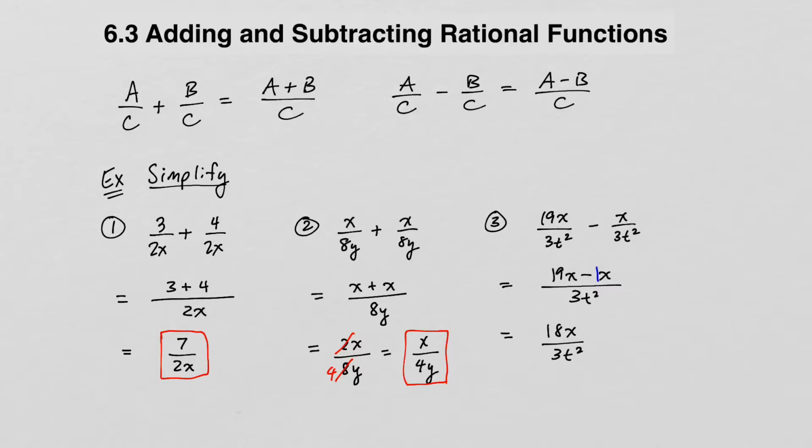And then we can divide 3 into 18, which gives us a final answer of 6x over t squared. So these were all examples where we had a common denominator. If you don't have a common denominator, it involves a little bit more work.